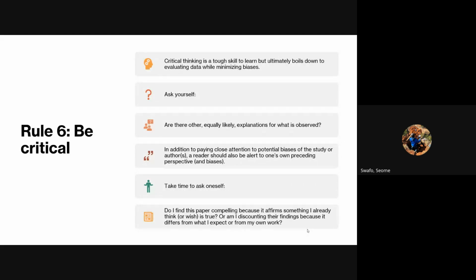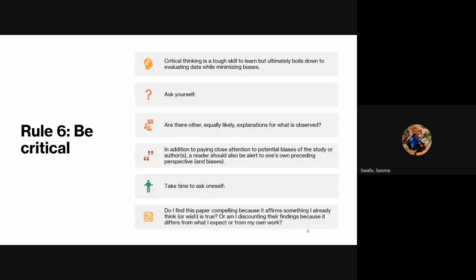And then, in addition, you need to pay attention to the bias of the study. Remember that some authors, maybe in the method, would miss something. So as you are becoming critical, it's when you know what is right, and then you test what is right with what you are finding in that paper.